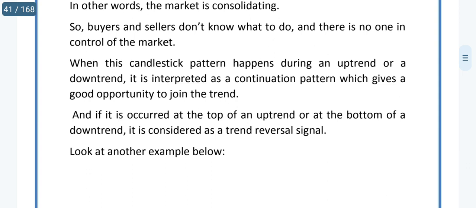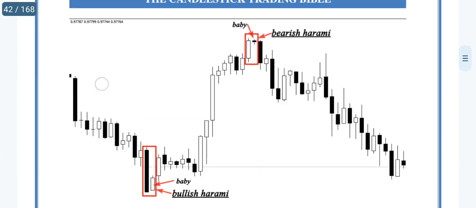And if it occurred at the top of an uptrend or at the bottom of a downtrend, it is considered as a trend reversal signal.